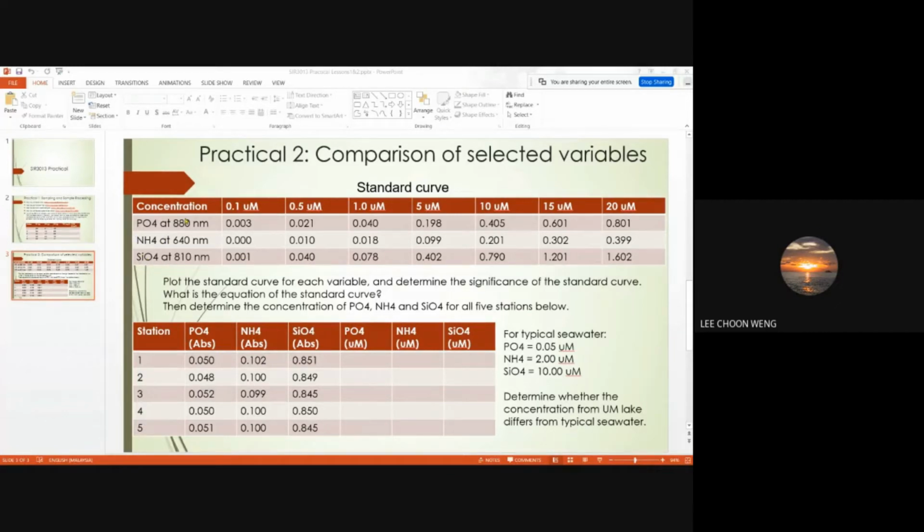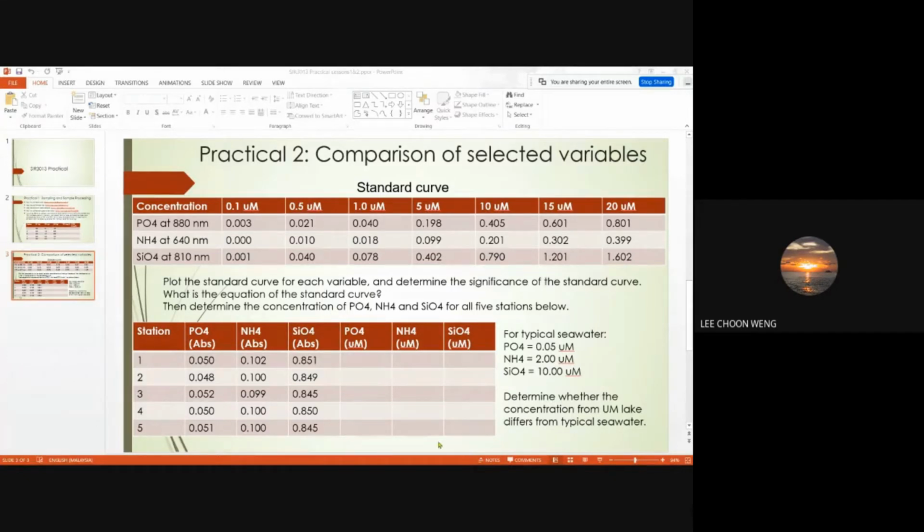So what you have to do is draw a standard curve, which is basically a linear regression curve. Then from the equation, convert this absorbance reading into micromolar.